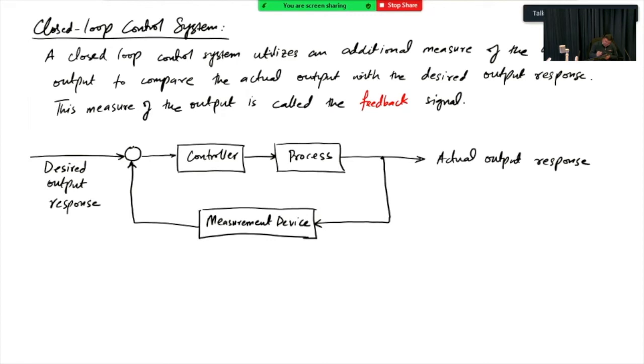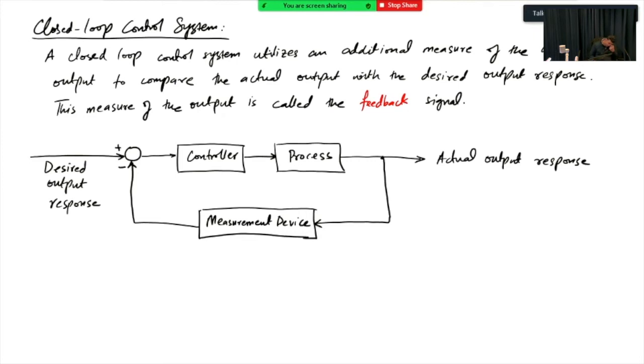And basically you subtract it from the desired output and feed back the difference. So the controller is actually driven by the difference between the desired output and the actual output.